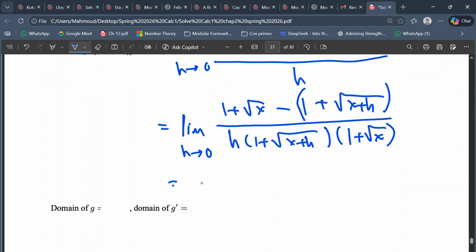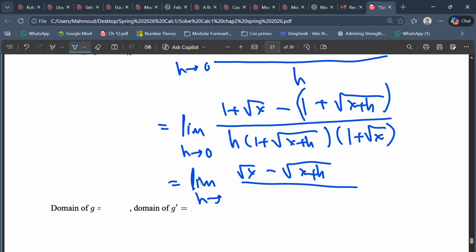Yeah, let's do it. Now limit as h goes to 0. We will cancel ones, right? Square root of x minus square root of x plus h, right? Over h and these two factors. 1 plus square root of x plus h.